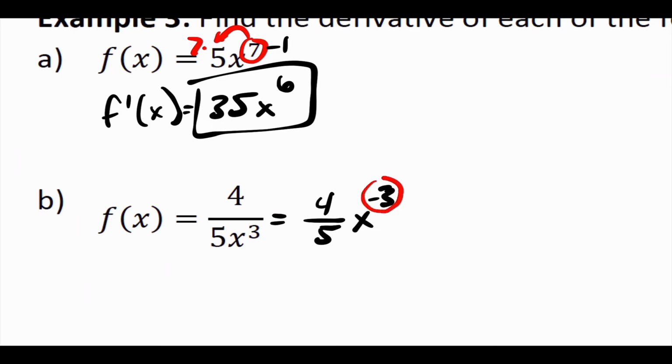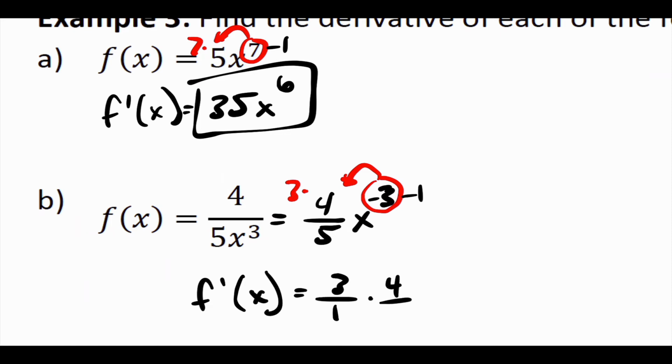So we take -3 and multiply it times what was already there. And then we got to subtract 1 whole. So 3/1 times 4/5 x to the -4.